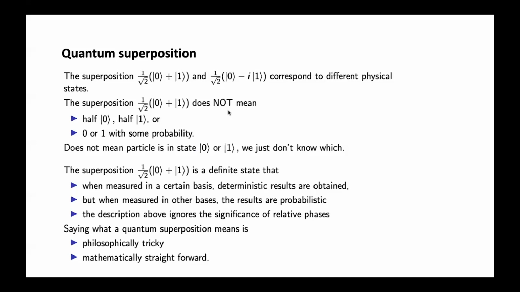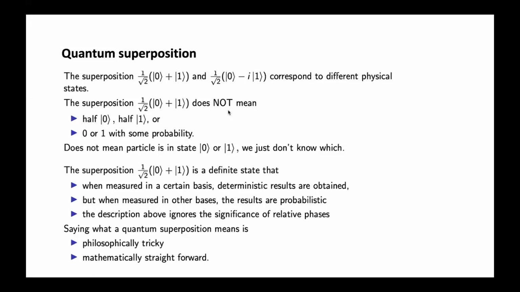And I would like to continue discussing this concept of superposition. I have written here, as you can see, two quantum superpositions at the top, and they are both 0 and 1. The one has a plus sign, and the other has a minus i. So we start with these two superpositions. So let me just make some comments that we discussed the last time.